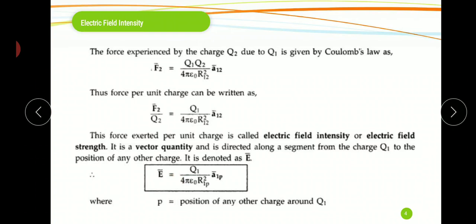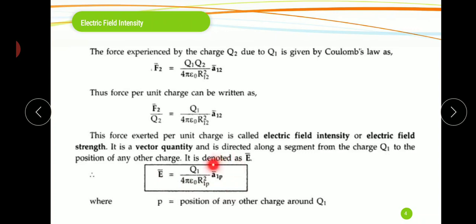So simply, replacing 2 with position P, the final formula for electric field intensity is E bar equals Q1 by 4 pi epsilon naught R square 1P, A bar 1P.